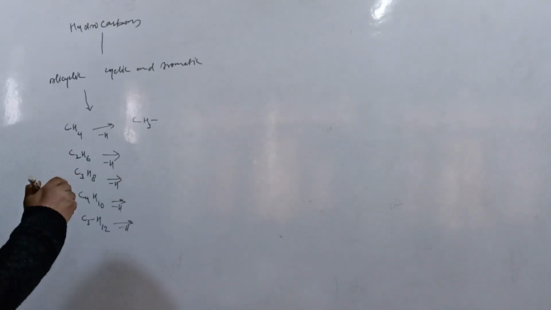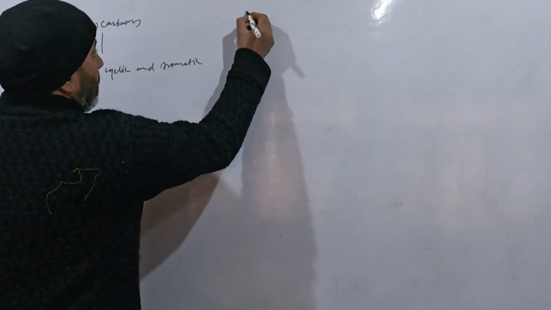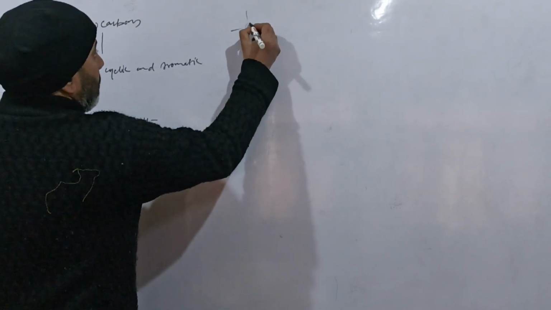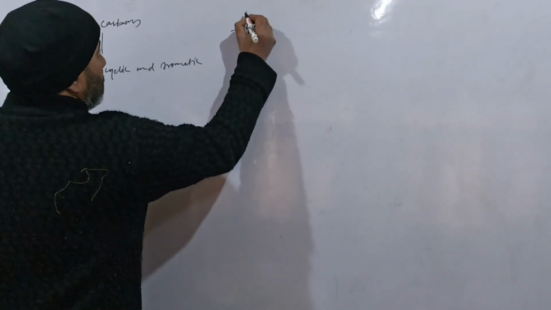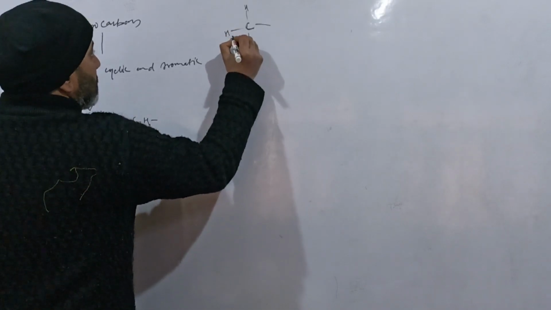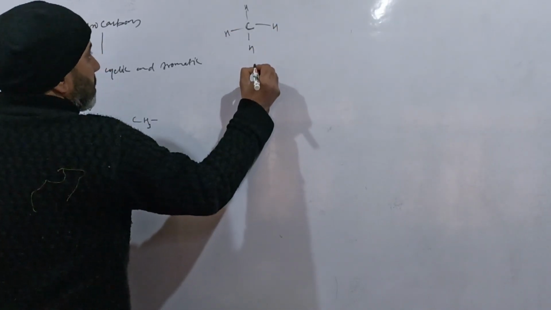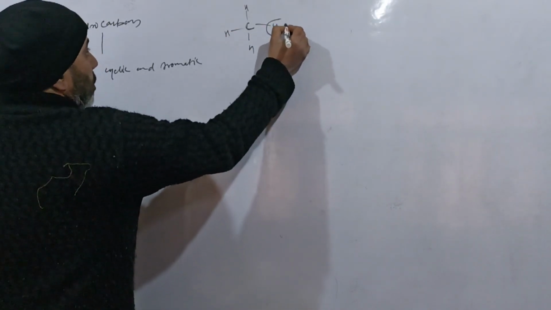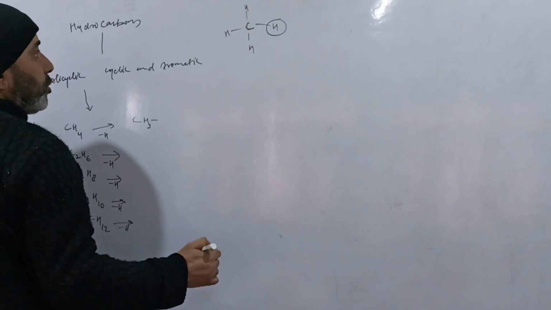Since carbon is actually attached with 4 hydrogen atoms, like this is 1H, 1H, 1H and 1H, we are detaching only one hydrogen atom from the molecule.